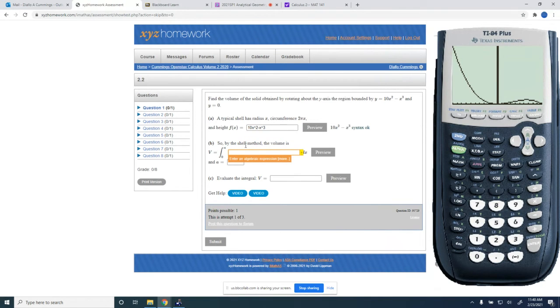All right, so we're going to find the volume by using the shell formula. So that's 2 times pi. I want to put the shell's radius. I'm just going to put that in a set of parentheses. I'm also going to put the function in a set of parentheses.